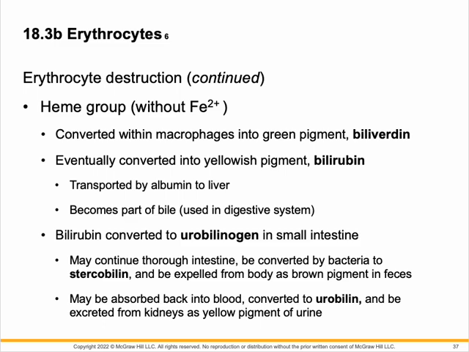with fat digestion in our small intestine, and then that bilirubin, which is incorporated into bile, is converted into several intermediate molecules, one called urobilinogen, stercobilin, and urobilin, and these are either eliminated with our feces, in the case of the stercobilin, or in the case of this urobilin, it is reabsorbed and then incorporated into our urine.